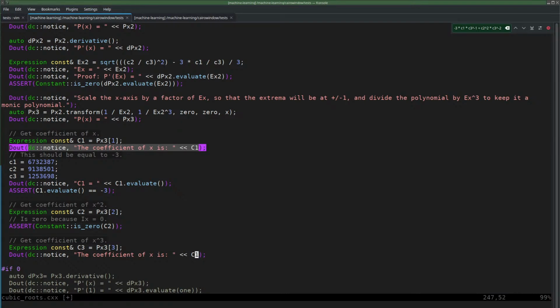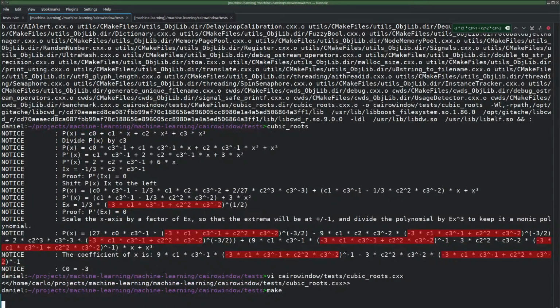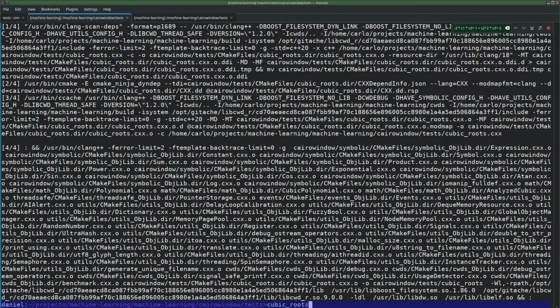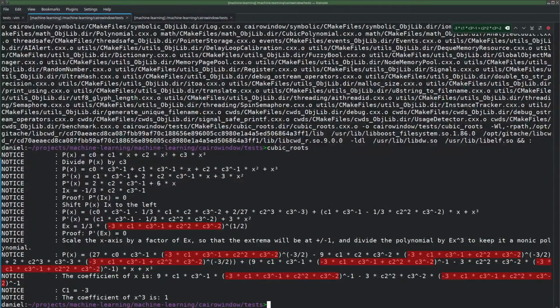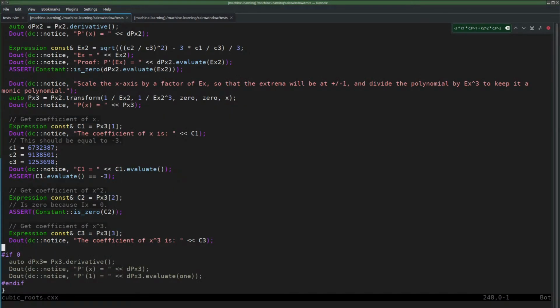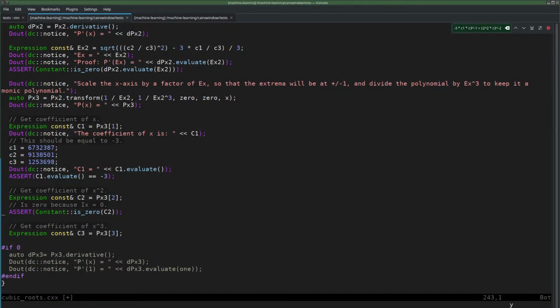So let's do basically the same thing. Oh, that is 1. Yeah, of course. Never mind. Okay, so we can leave that one out and just test that it is 1. Do we have an is 1? Is 1. We have an is 1. I'll accept that. That is for the C3.